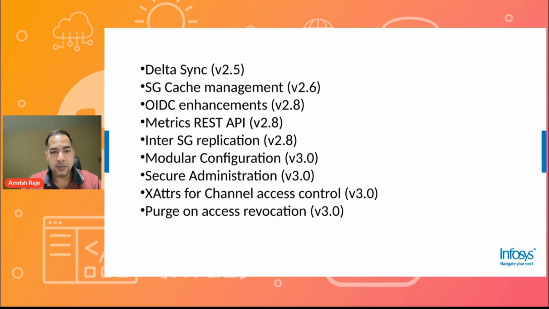None of that happens anymore with the modular configuration that was introduced in 3.0. You set up one Sync Gateway, and then you have the ability to hit REST endpoints, change your configuration through those REST endpoints, and then the other Sync Gateways in that cluster, if you will, just catch up with the modular configuration that you have provided with one Sync Gateway.